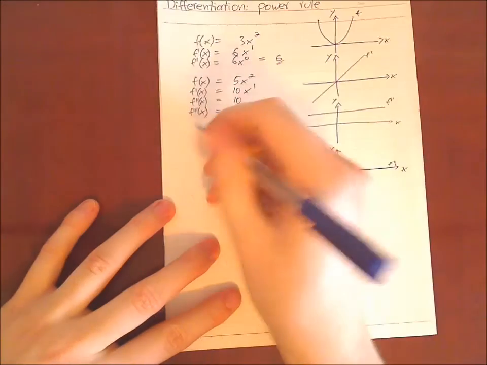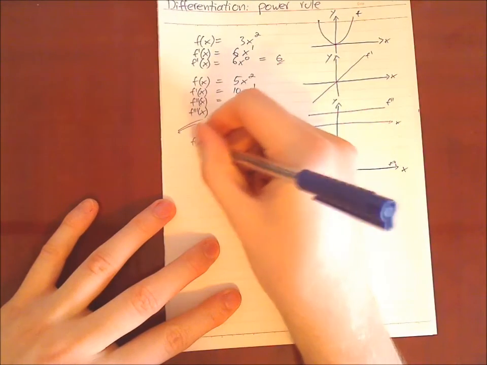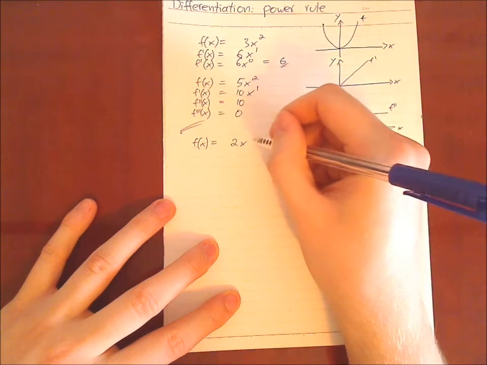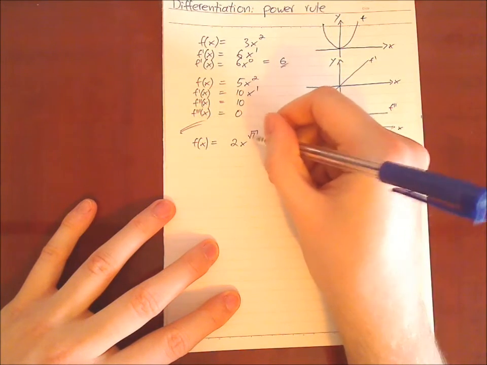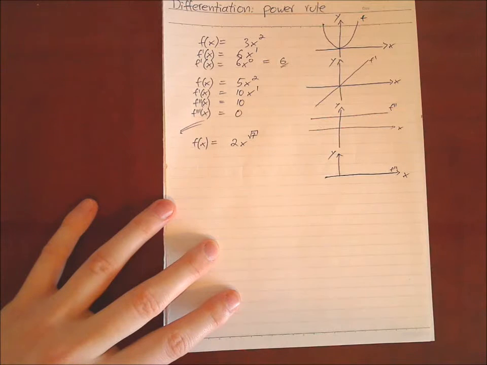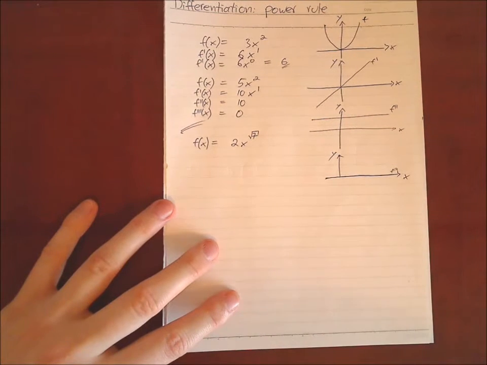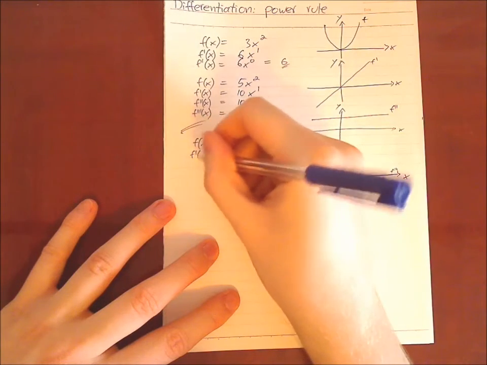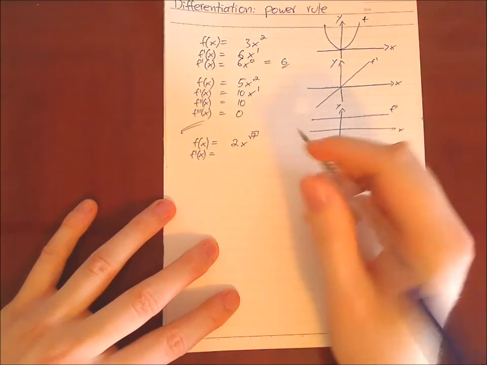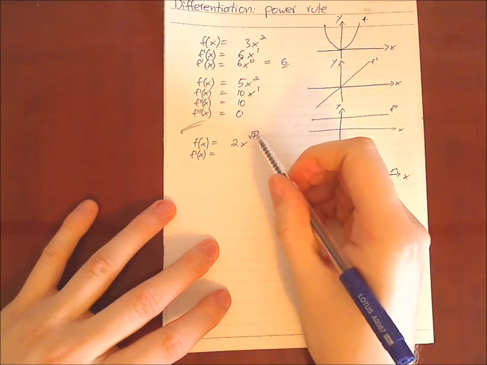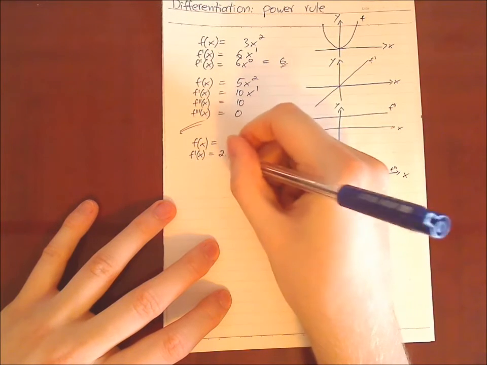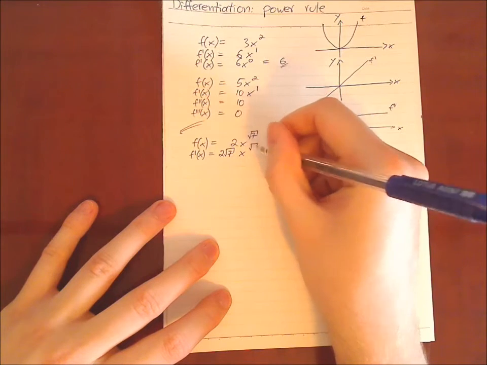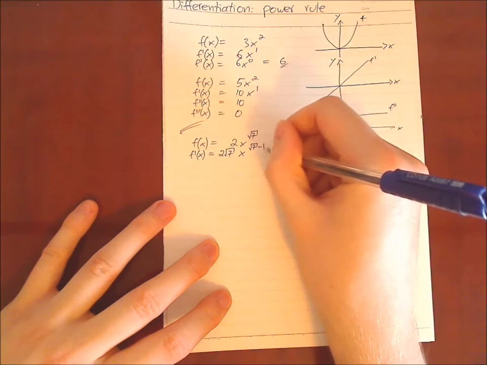So now let's just calculate another example, a little bit more difficult than the previous ones. 2x to the power of square root 7. Now the power looks a little bit strange, looks ugly, but we can differentiate it without big problems. So first derivation, as I just said, we take the power, multiply with the coefficient, 2 times the square root of 7, x, and we subtract 1.